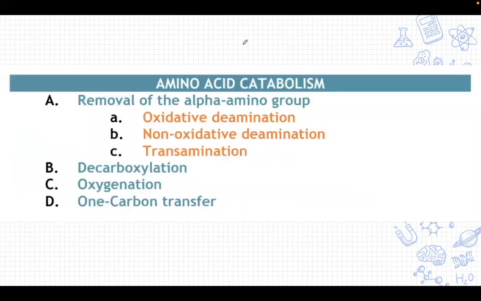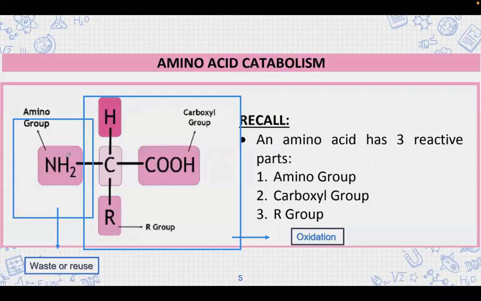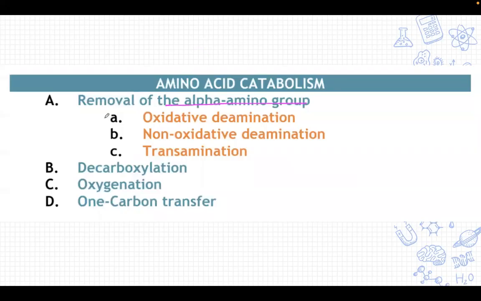So this is the amino acid catabolism. Paki-focus. The removal of the alpha amino group, meron siyang tatlong processes. Yung alpha amino yung pinag-uusapan dito. We have the oxidative deamination, the non-oxidative deamination, and transamination.